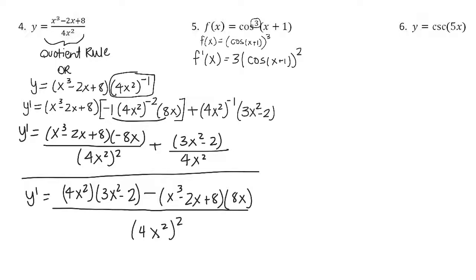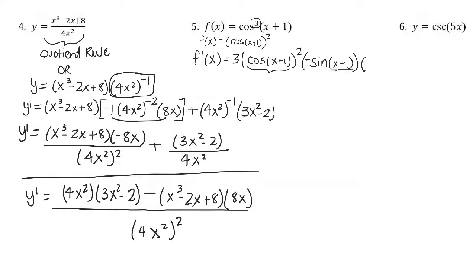And then that's going to be times, what else are we going to have multiplied there? We've got to take the derivative of the inside, don't we? So times, what's the derivative of cosine? Negative sine. The derivative of anything that starts with a C is always negative. And then times the derivative of the actual angle.